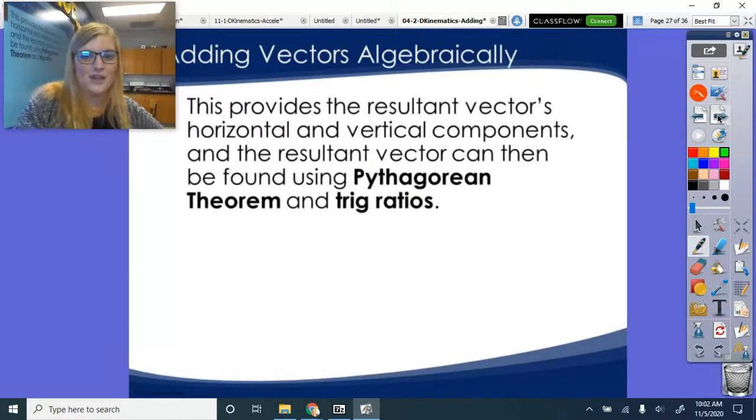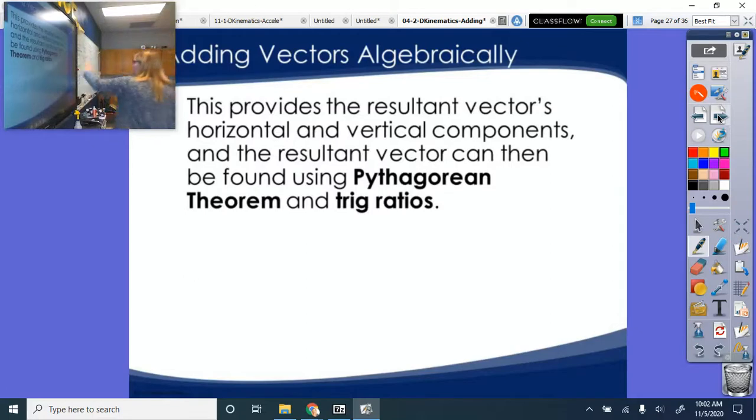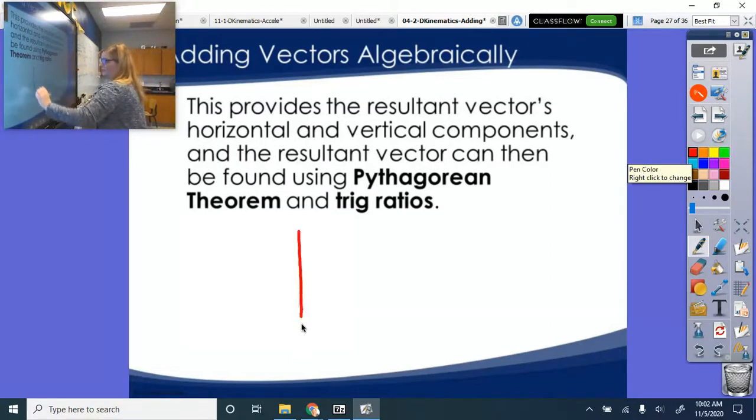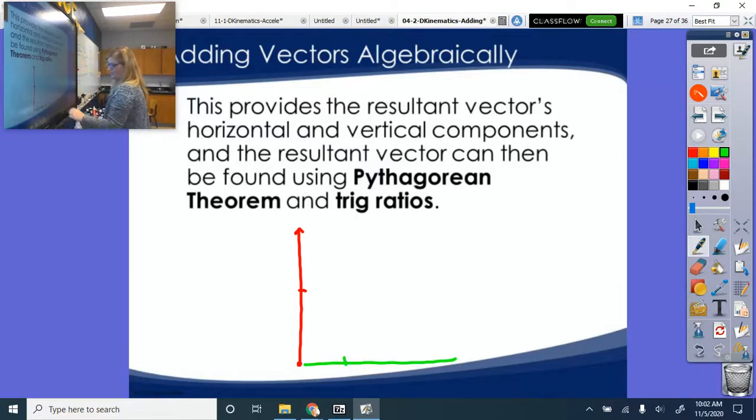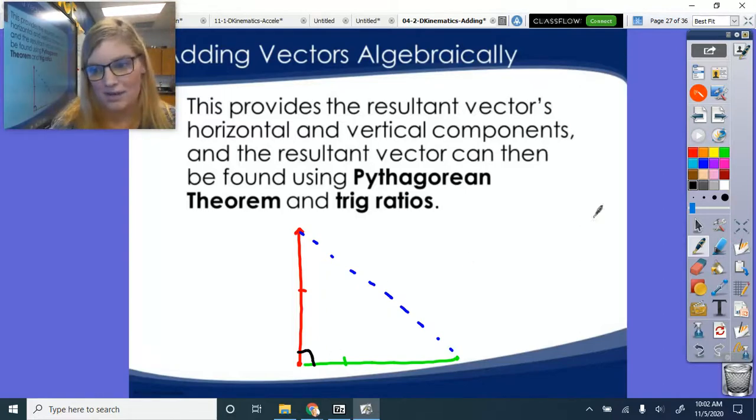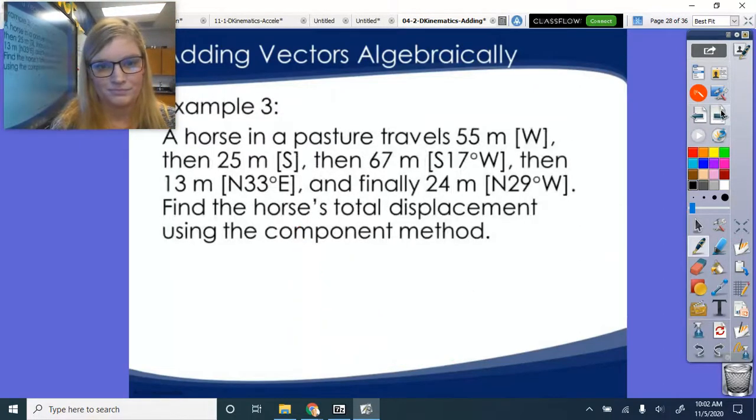So we would use the Pythagorean theorem and trig ratios, because I can take all of my y's, and let's say part 1 stopped there, but I added part 2 together with it, and I can take all of my x's, and maybe the first one stopped there, but the second one goes all the way to here, and then I have one triangle with a 90-degree angle and a resultant. So I can then use my Pythagorean theorem and my trig ratios to find everything about that, which is much simpler.